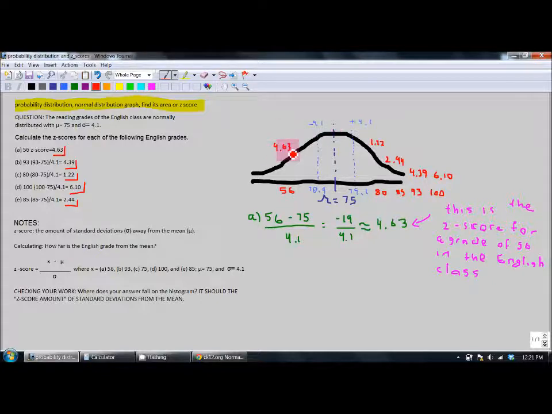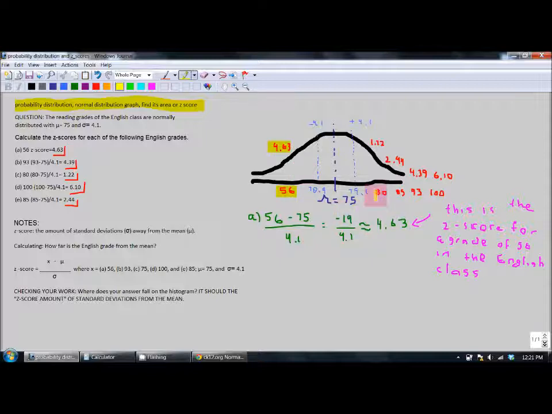And pretty much the reason why I wrote these here is just to show that these numbers are representing the standard deviations above or below the mean. So this score of 56 means that you have a standard deviation of 4.63 below the mean.